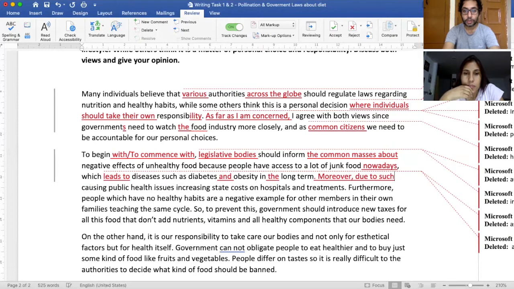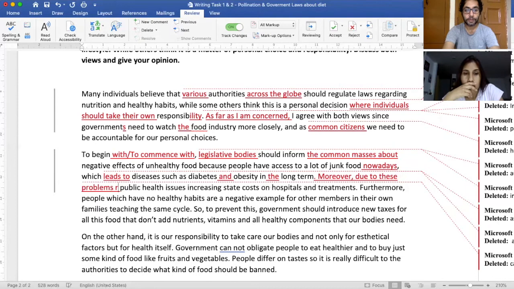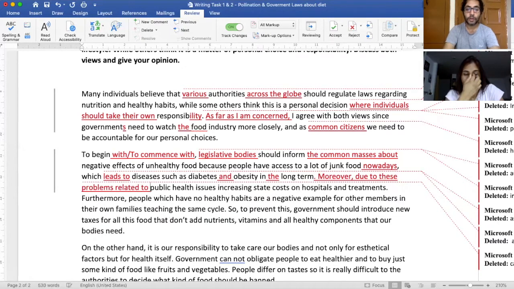Due to these problems related to public health, cost increases on medical infrastructure.